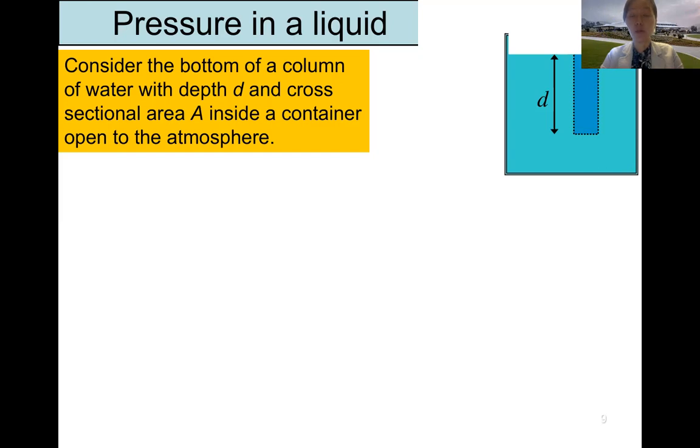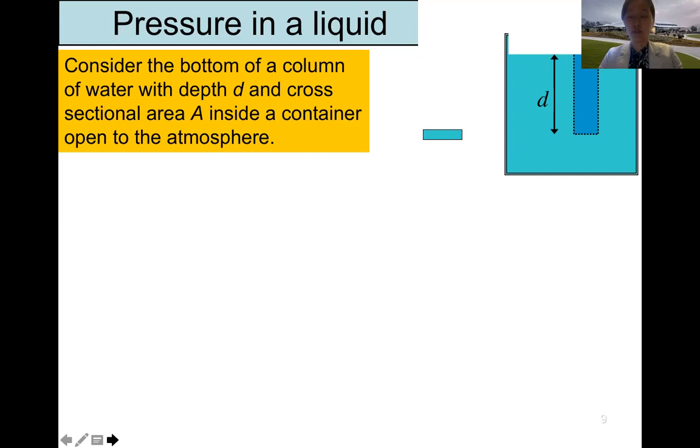So we want to do a force analysis on this column of water. First of all, let's just take the bottom layer of that column and see how many forces are acting on it. Right away, you think of gravity.